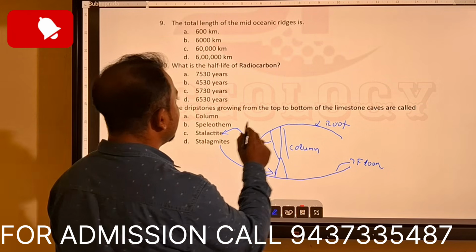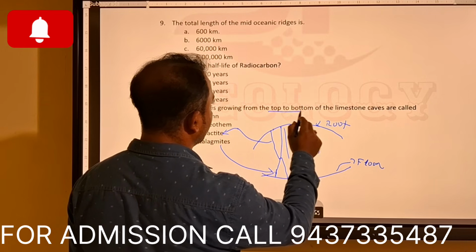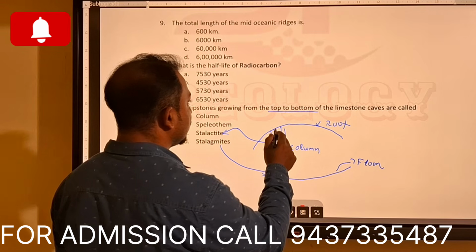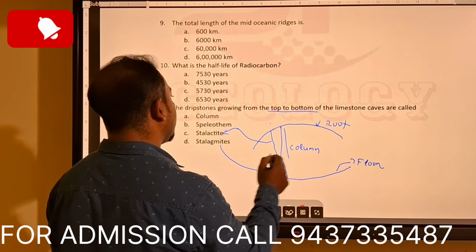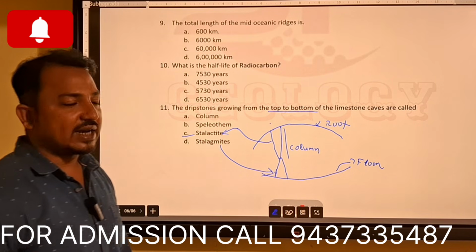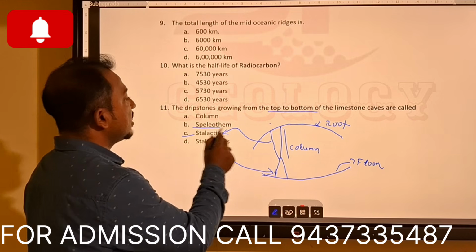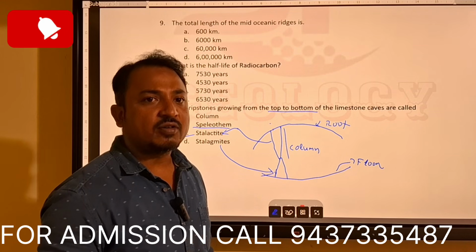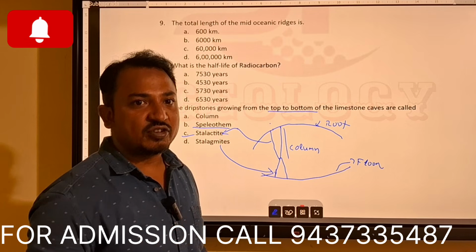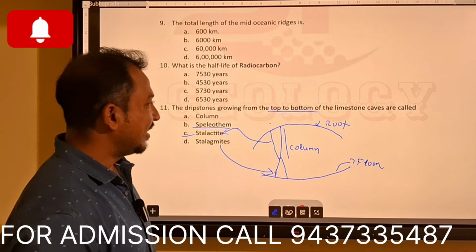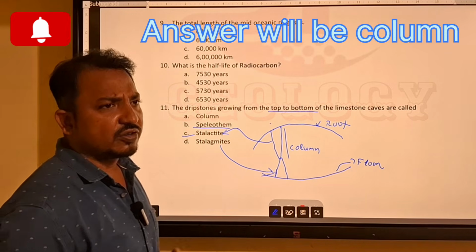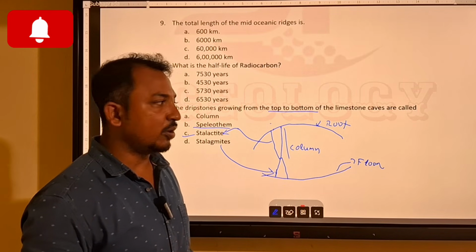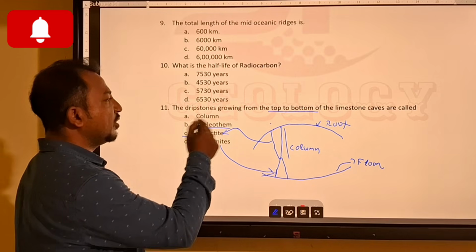So if the question asks about the dripstone that forms from the top to bottom, this is your top side, this is the bottom side. Top to bottom means it will be a stalactite. And speleothem collectively defines all the precipitation deposition within the cave: the concretion, siliceous sinter, then carbonate deposition, all are collectively called your speleothem.